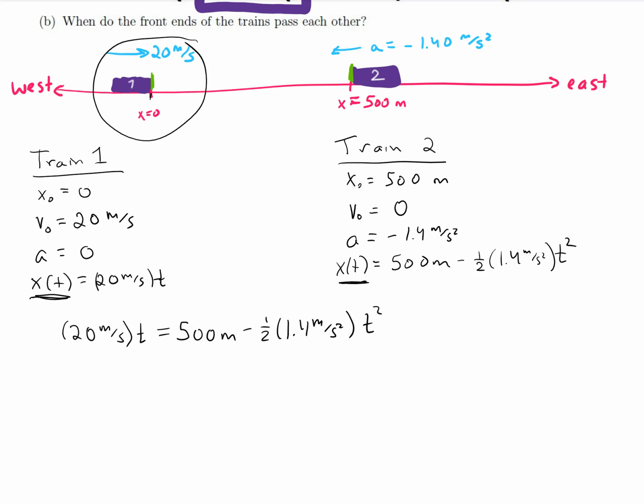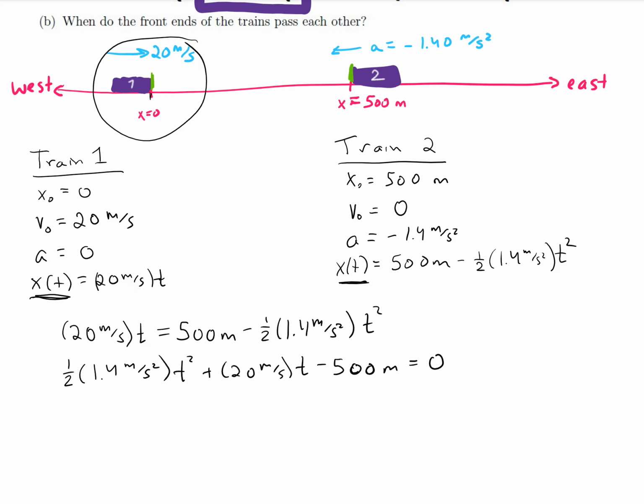So this is an equation that is quadratic in t. And so let's move everything to the same side, and then we can solve using the quadratic equation. So 1/2 times 1.4 meters per second squared t squared plus 20 meters per second t minus 500 meters equals 0.